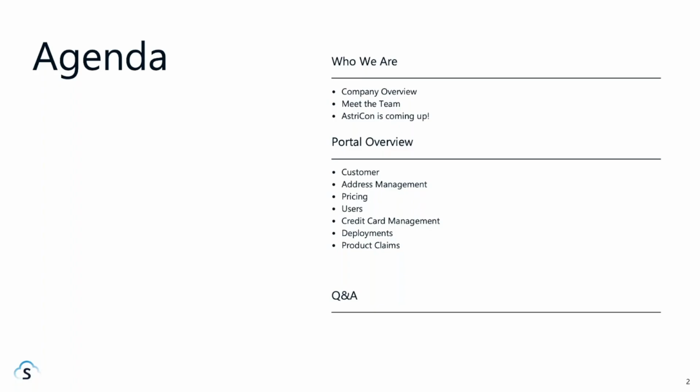And then next week, same time, we're going to have the more advanced, if you will, review of mastering the portal, where we'll go over some additional items. But, as far as today, we'll look at managing your customer account, your addresses, where you can find a price list, adding users, managing your credit cards, where you can find deployments and some basic things as it relates to deployments, as well as doing product claims.